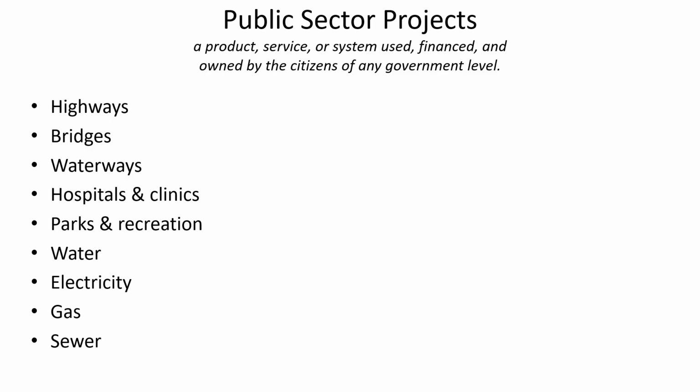Here's a whole host of different types of spending that are typically owned by governments or financed by governments. Sometimes they're owned by special corporations that exist strictly to develop and operate a large public sector project.